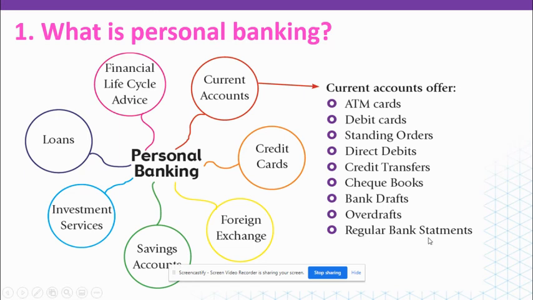And a regular bank statement, you'll see it further down in the chapter. It's basically a document. You can get it on your phone, or you can print it off in the bank, but it's just a piece of paper that has all the transactions that you have made in one month.